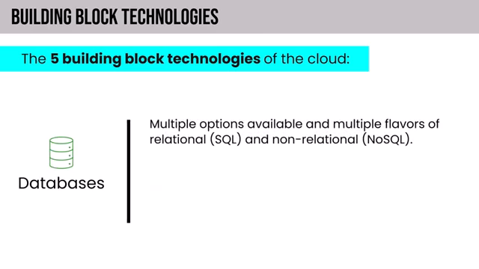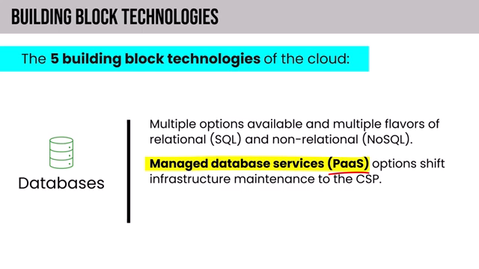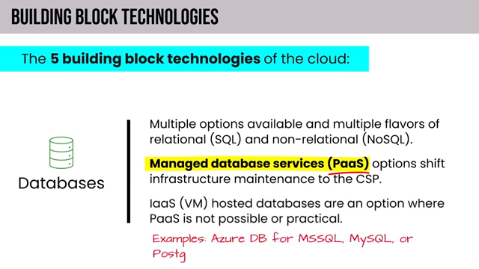Multiple options are available. You have multiple flavors of relational and non-relational that we touched on a moment ago, but there are managed database services, so PaaS options that shift infrastructure maintenance to the cloud service provider. There are also IaaS hosted databases that are an option where PaaS is not possible or practical. You have examples on the PaaS side of Azure DB for Microsoft SQL.